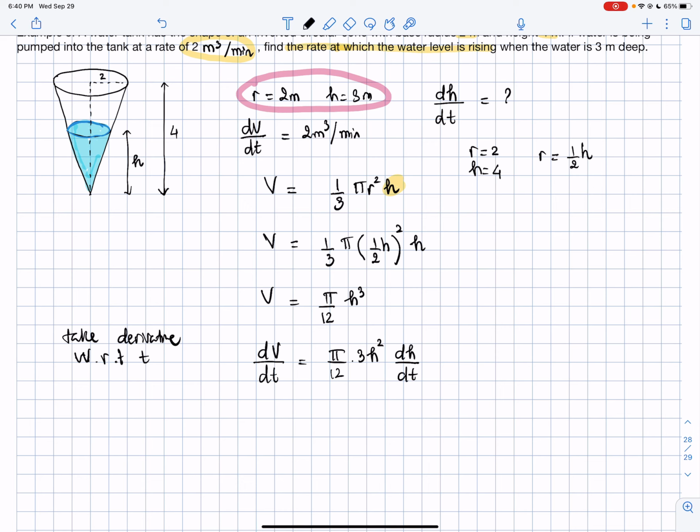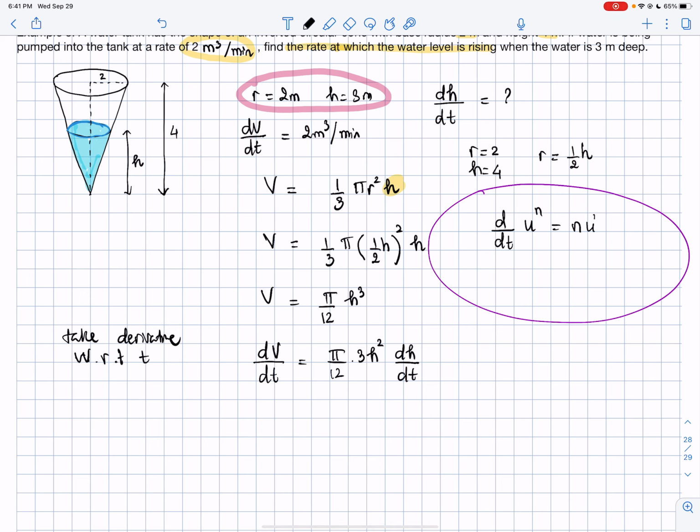Going back to the chain rule, when we do u to the n, the formula is n u to the n minus 1 du dt.